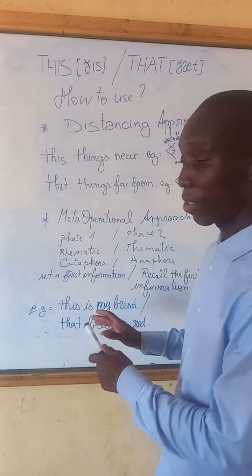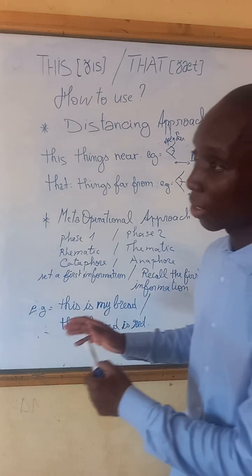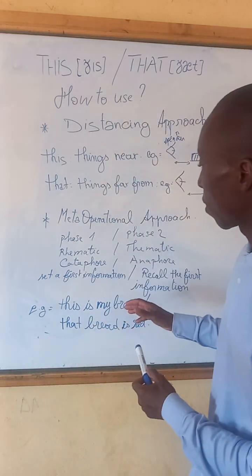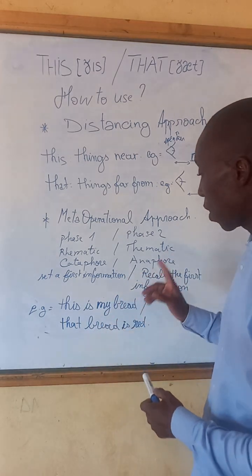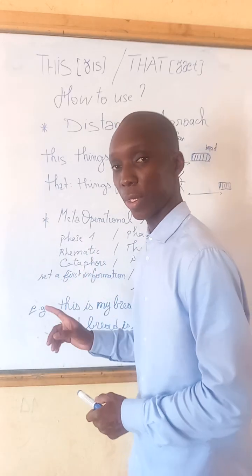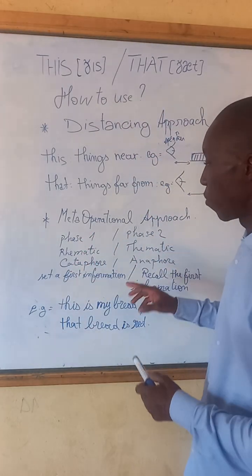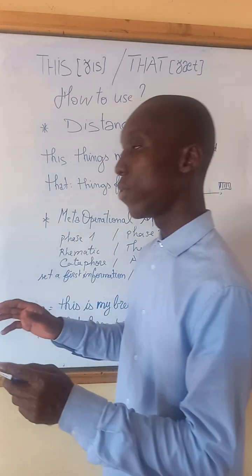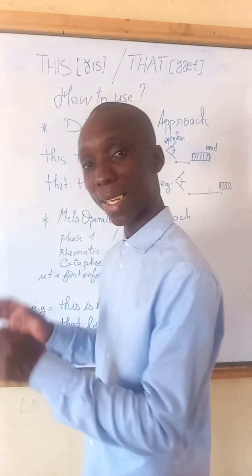I want to tell you that this is simply in an utterance. Okay, there is some context where that particular comprehension is not valid. So you need to be cautious on their uses in such a metaoperational approach. Okay, you need to be in a particular utterance, in a particular context.